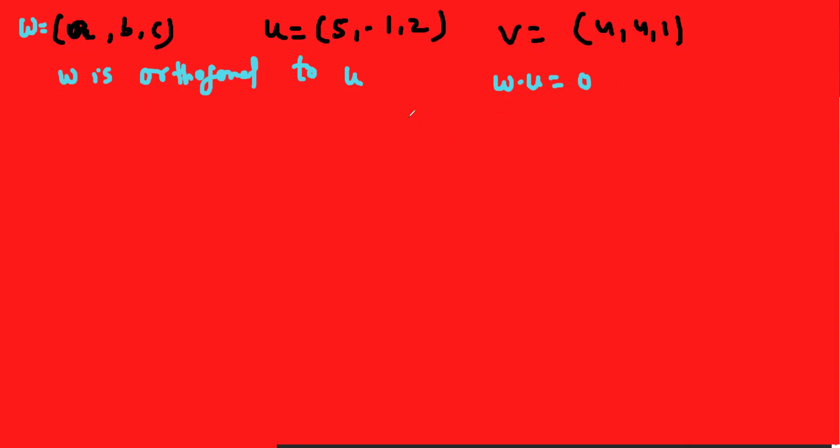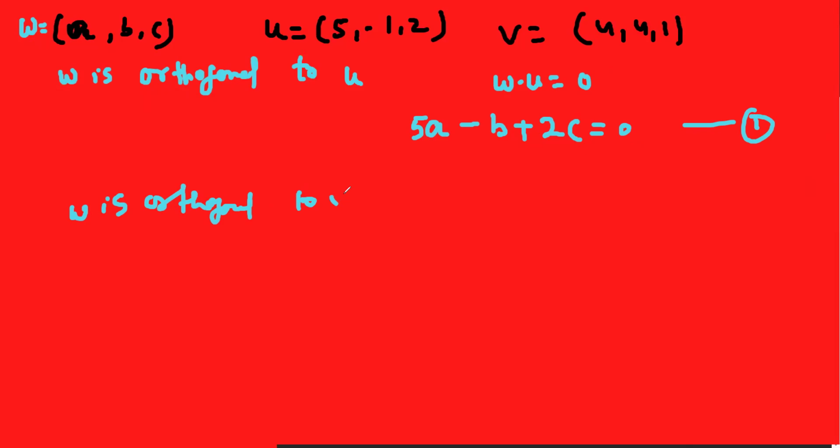On multiplying you will get 5A minus B plus 2C equal to 0, equation 1. And W shall be orthogonal to V as well. It means W dot V must be 0.